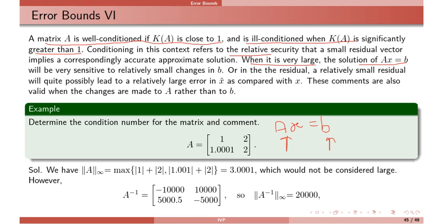But on the other hand, if you make small changes in A, like here, replace 1 with 1.001 or something, or in B, and there are large changes in the solution, so the solution will change drastically. For those matrices the condition number is much greater than 1, as we see in the next example, and those matrices are called ill conditioned.